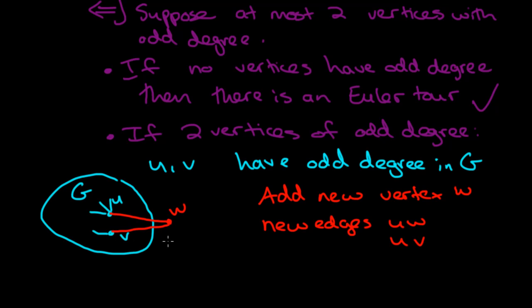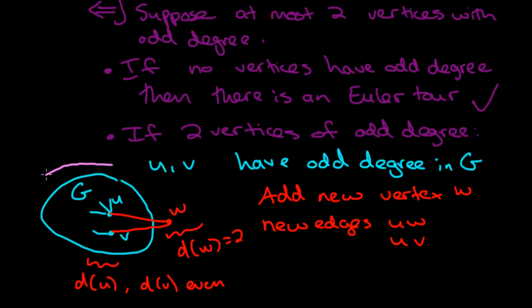Well, what did we just do? This guy now has degree 2, and now we know that the degree of U is even, and so is the degree of V. These are now even, because they used to be odd and we simply added an edge. So let's talk about this new graph. I'll just highlight it in pink here.